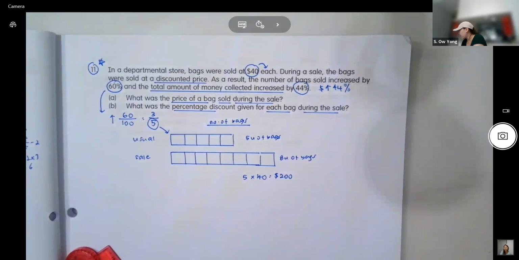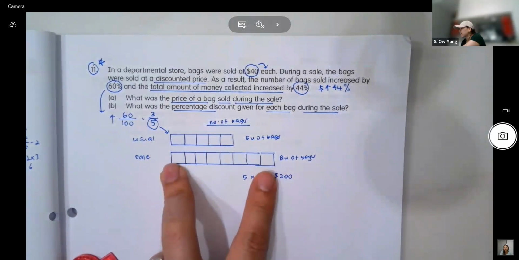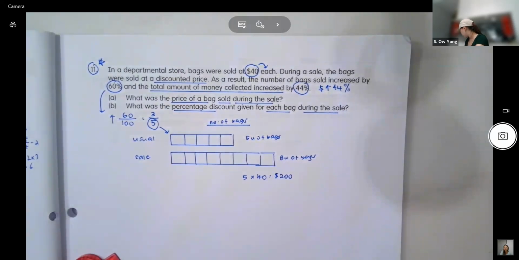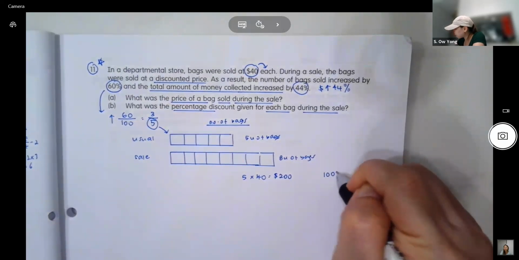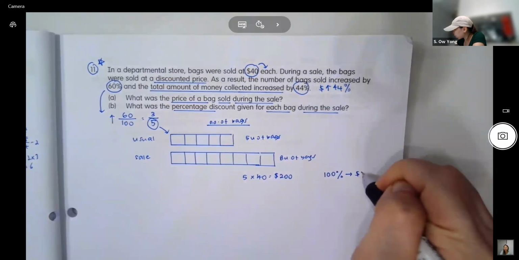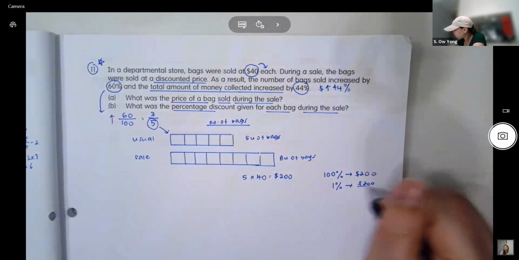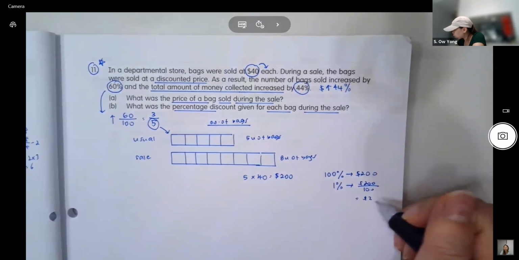This means that let's say I really only sell 5 bags, I will get $200. Okay, so I want to find out if let's say I actually spend on 8 bags during a sale, what will happen? So what I will do is I will continue to put 100%, arrow 200. 1%, arrow 200 divided by 100, which is 2.